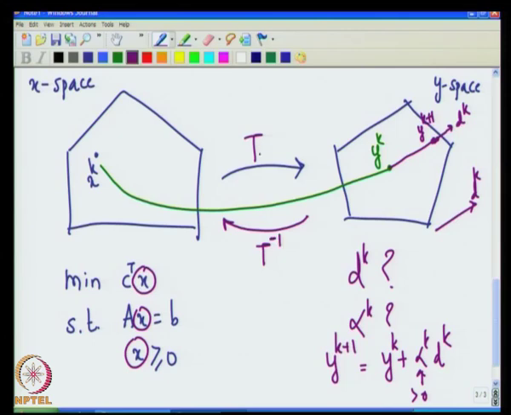So, the map T that we get should be invertible. That means that from x k we go to point y k, from y k we make a movement along the direction d k with a step length of alpha k, and from y k plus 1 we come back to a point which could be x k plus 1.